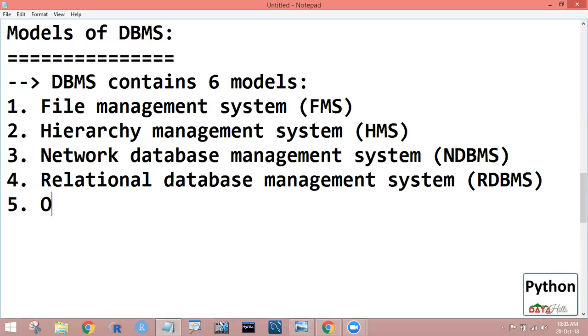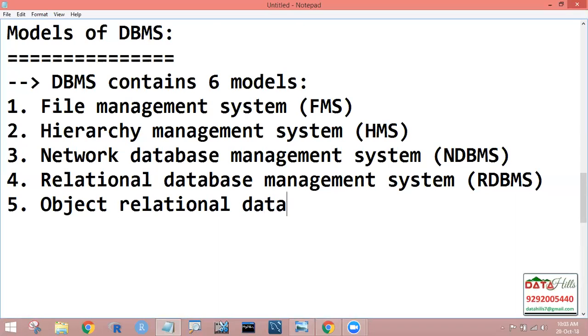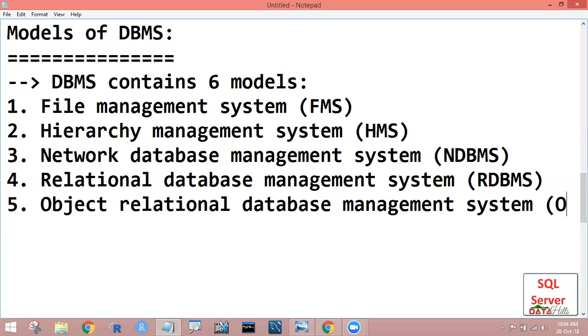And the fifth model is object relational database management system, that is ORDBMS.